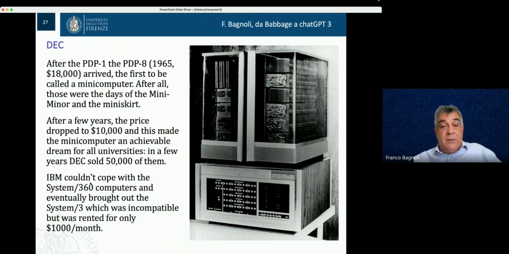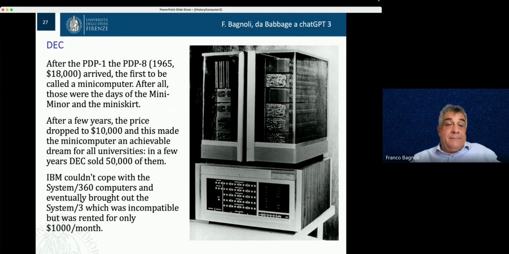So also IBM at a certain point, as happened later with the personal computer, started thinking of this market. So they also produced a minicomputer, but it was not compatible with the System 360. But the idea of IBM was not to sell, but to rent.